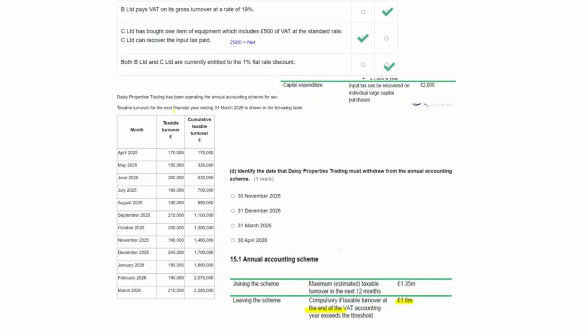So we've got the next financial year ending the 31st of March 26. We've got a threshold of 1.6 million. So because we have to withdraw at the end, we can see that there's 2.28 turnover at the end. So it will be the end of that financial accounting period. That now completes task 1.